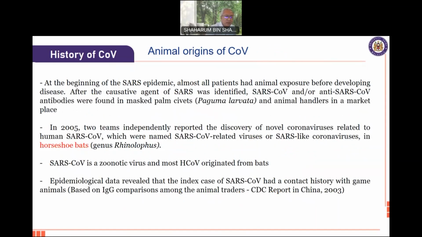And then most of the patients who interacted with human coronavirus were very exposed to animals.